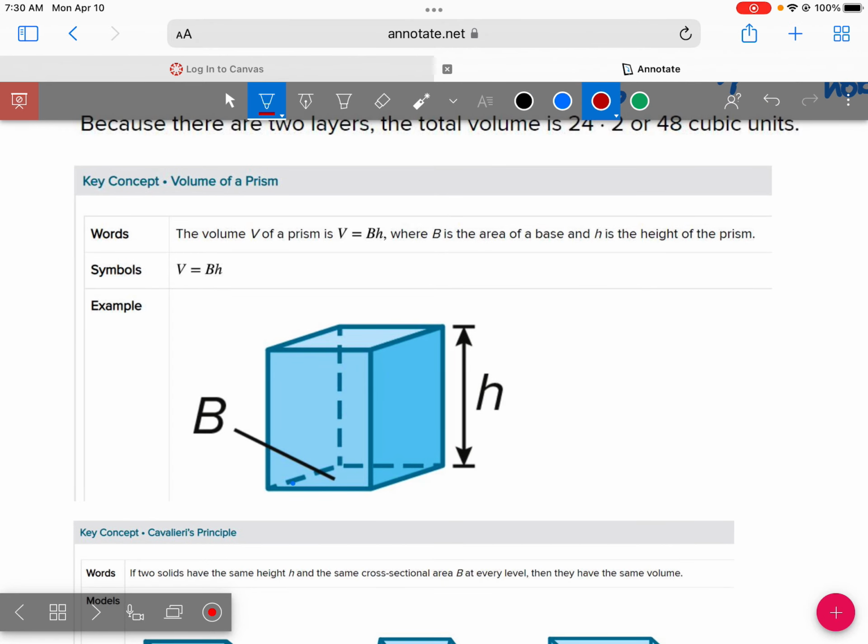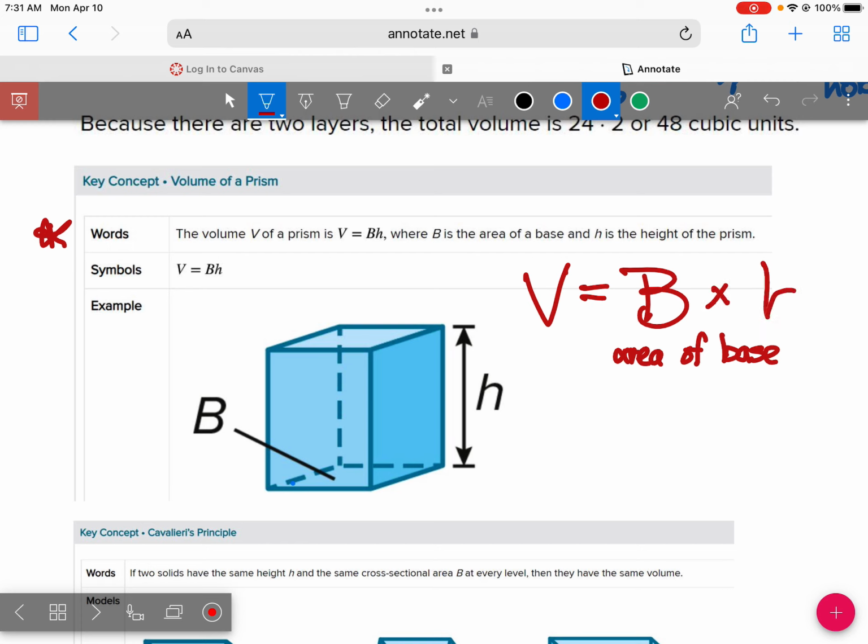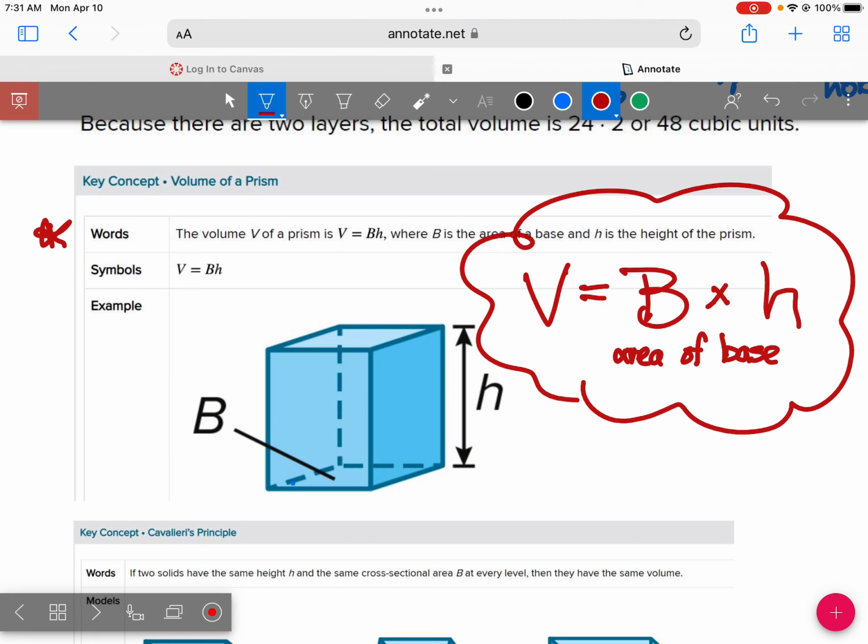Okay, the volume, going down here, volume of a prism is base times height. So make that really big somewhere. The area of your base times the height of the figure, times height.